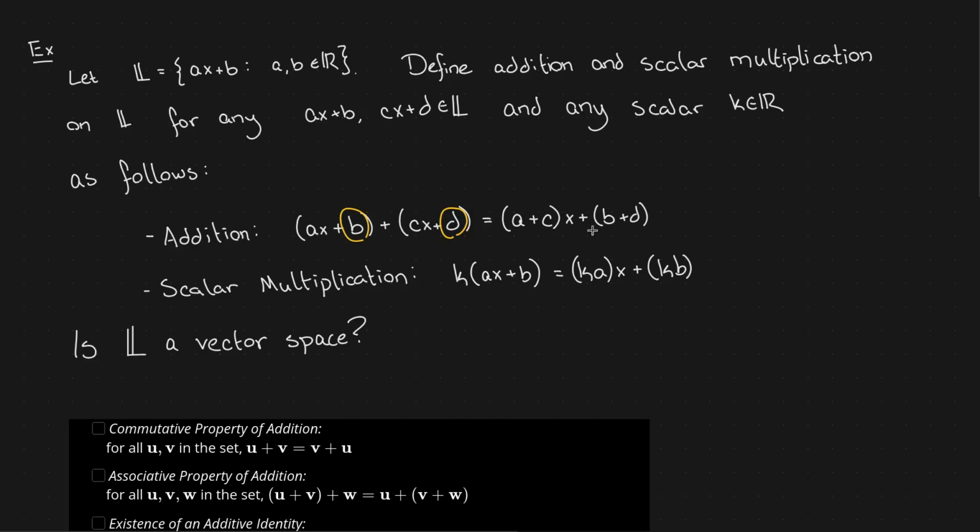And then at the end, I get b plus d. Okay, and scalar multiplication is also defined in the usual way. k times ax plus b, you just distribute the k. So my new coefficient in front of x is k times a, and then the constant term is k times b.